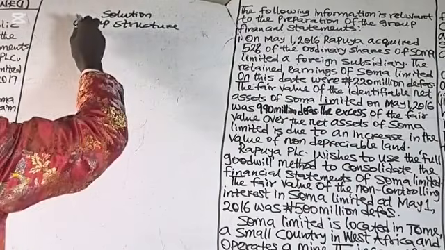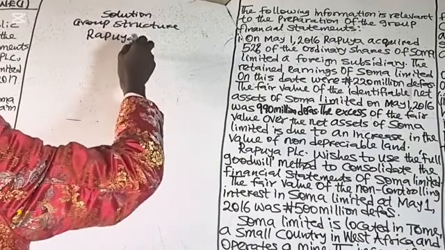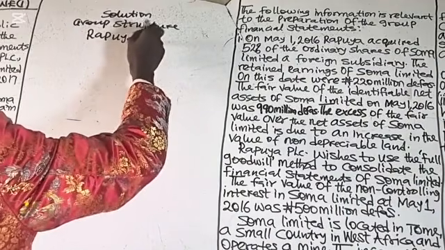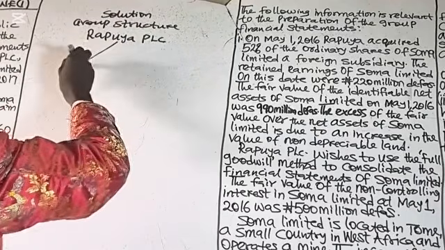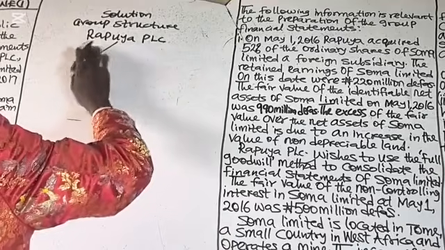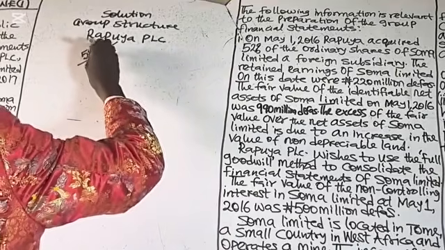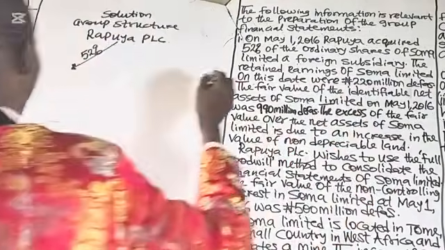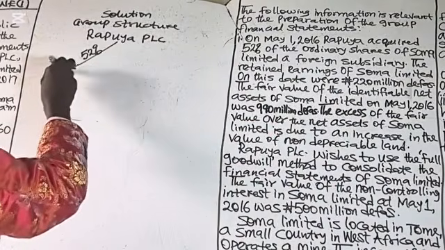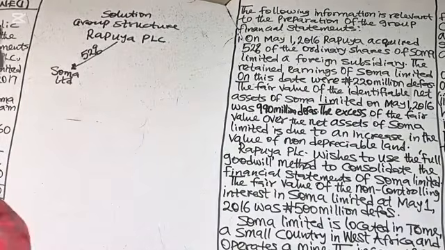So we have Rapuya PLC, which acquired 52% of Soma Limited. That is the information about the acquisition of Soma Limited.